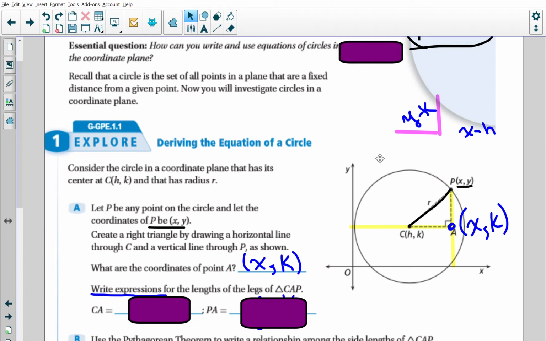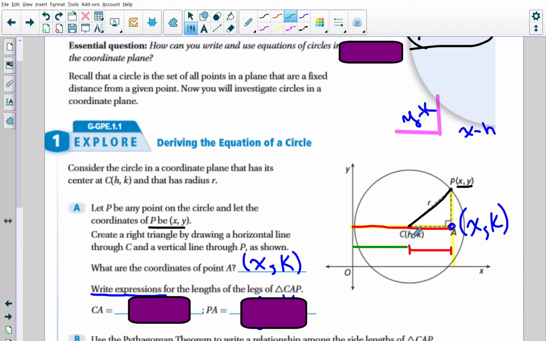So what are the expressions? Well, by now you guys are smart. You've already seen them up here. Remember that the distance, just like we've talked about many, many times, if this whole distance right here is x, well, what's this distance? I need to subtract out this distance, right?